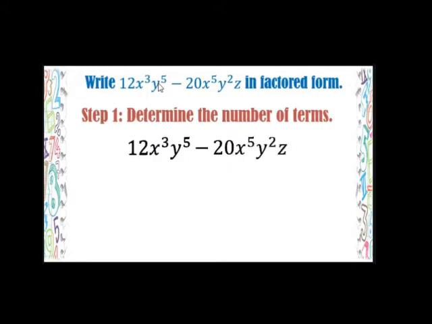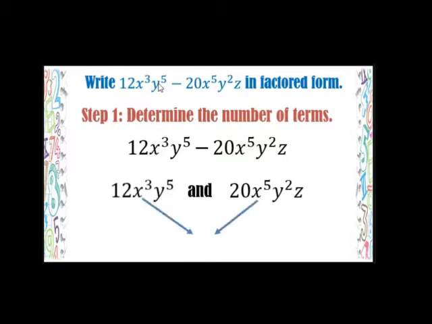So we have 12x cubed y raised to 5 and 20x raised to 5 y squared z. Don't forget that terms are separated by plus or minus sign. So we have 1, 2. We have 2 terms.